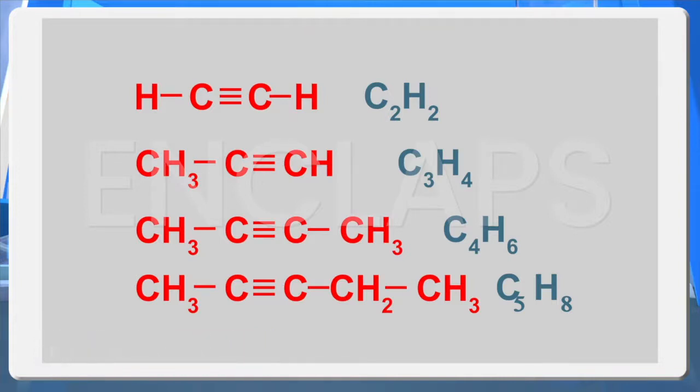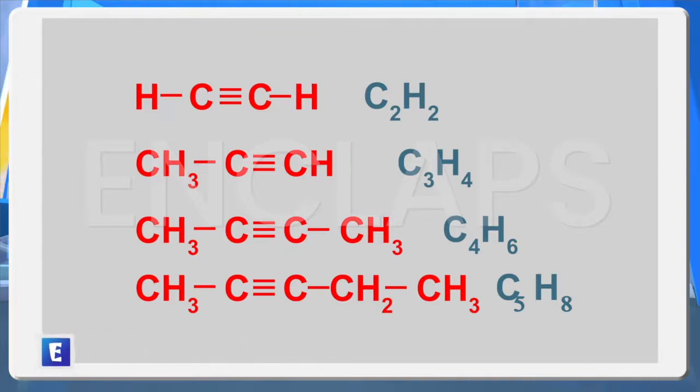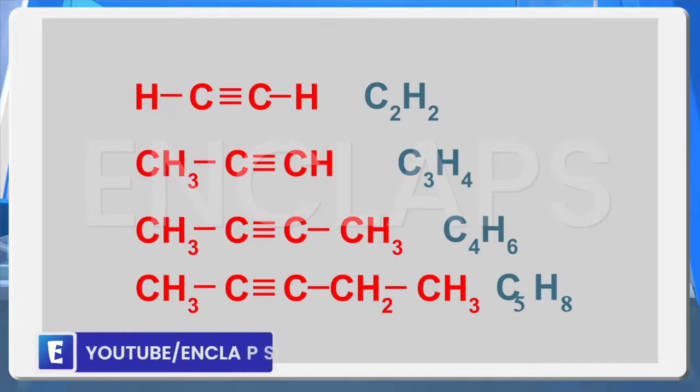Then the last one, CH3 single bond C triple bond C single bond CH2 single bond CH3, C5H8. Then in this series of alkynes, what is the difference in molecular formula between 2 successive members? CH2, right? This is also a homologous series.